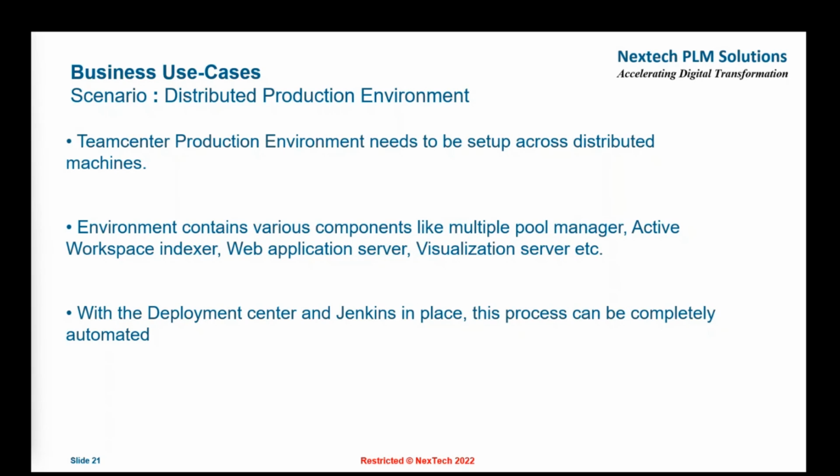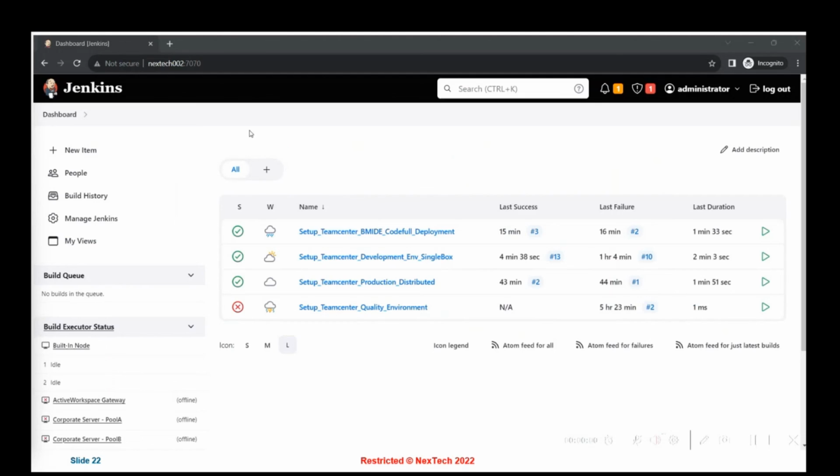If you recall the earlier UI of deployment center, when I create the environments, I'll have to make sure that whatever machines I have configured in the deployment center are mapped as nodes in Jenkins, so that through Jenkins scripts I can redirect those specific jobs to those specific machines. That's what we have done here.